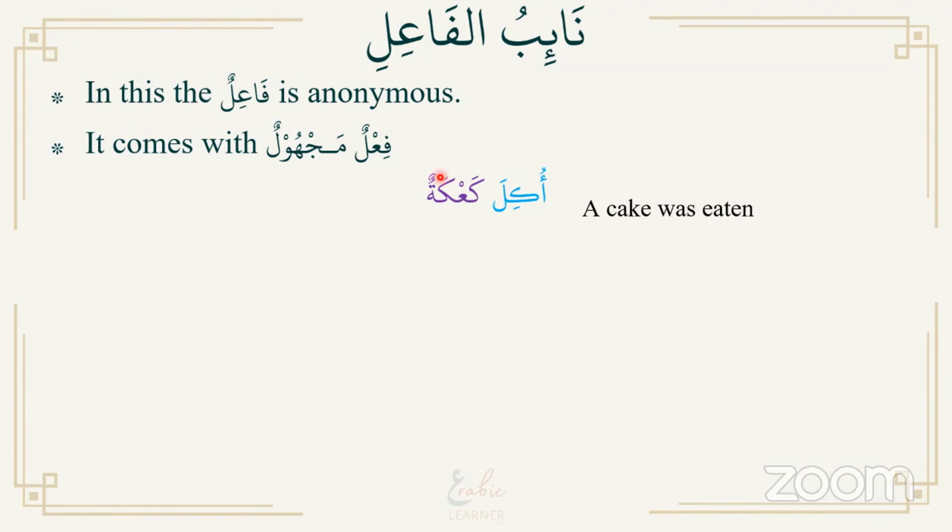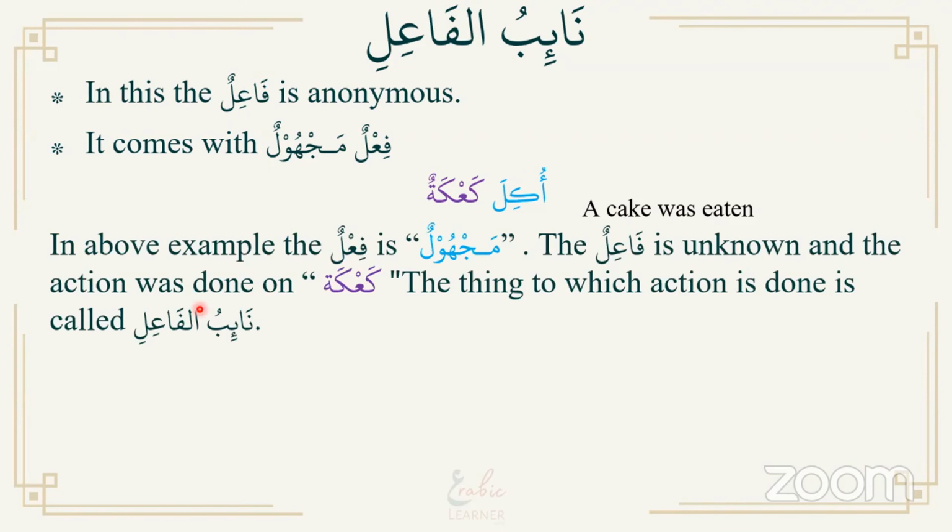So here the action is done on ka'katun. This is Naibul fa'il. In this example, the fi'l ukila is majhul, the fa'il is unknown, and the action was done on ka'katun. So the thing to which the action is done is called Naibul fa'il.